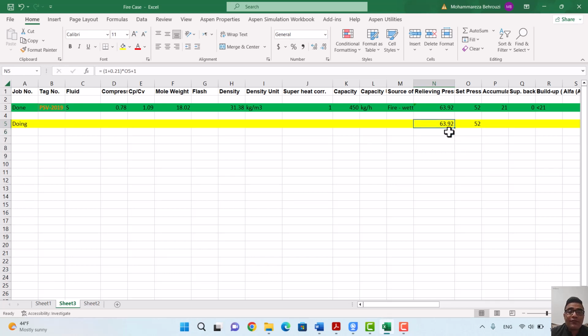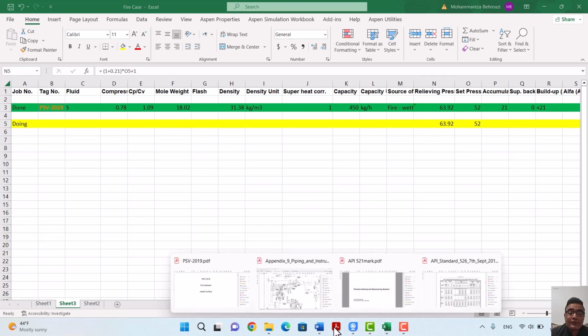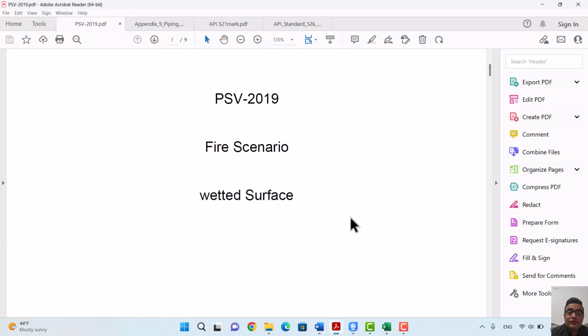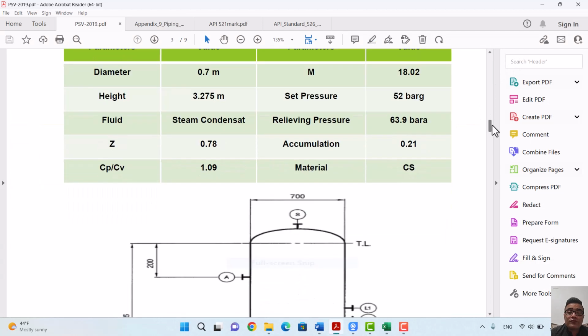So the relieving pressure is this value, 63.92, as you can see for yourself.